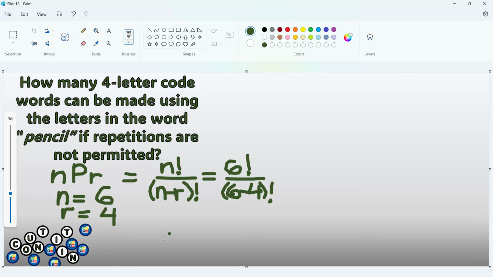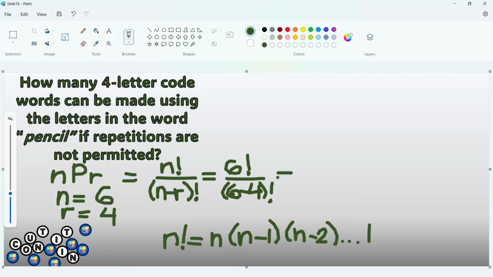Now, please do not forget that if we use factorial notation, this means we are going to take the result as we multiply all integers until n. That's n times the integer before that, n minus 1. The integer before n minus 1 is n minus 2, until we reach 1. This is our factorial here.